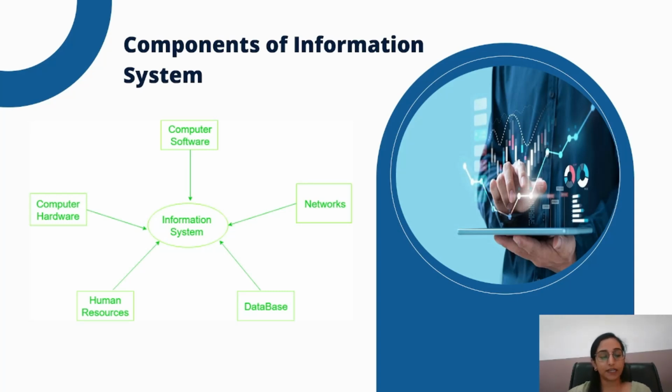Next we have database in our components. So data is the raw fact and figure that is unorganized or later processed to generate information. Softwares are used to organizing and serving data to the user.